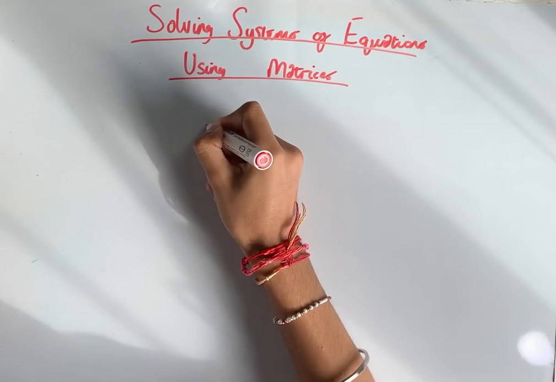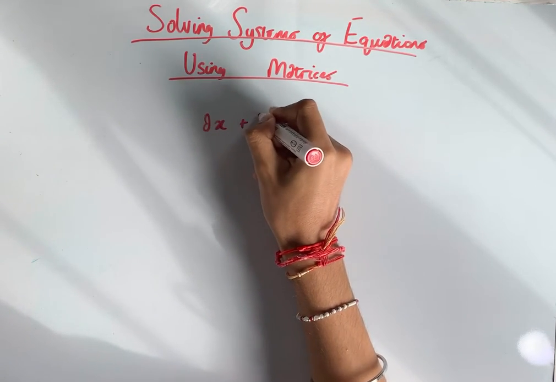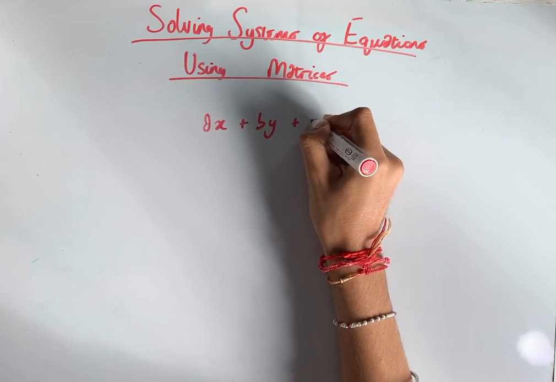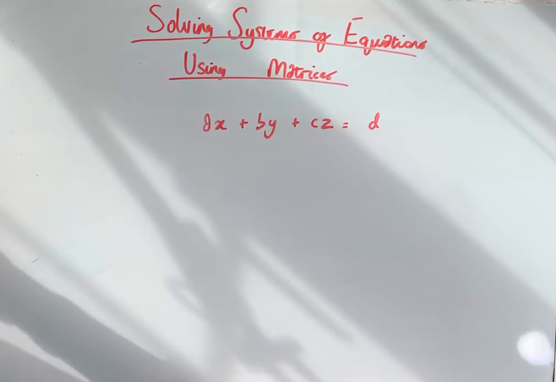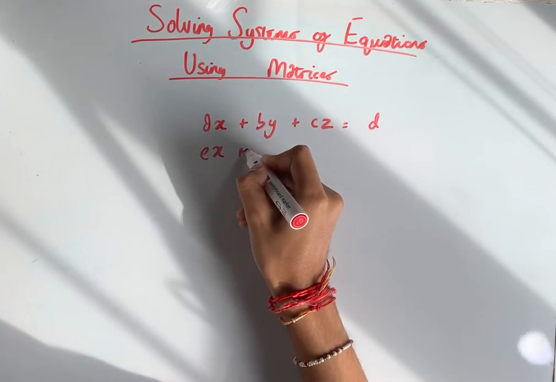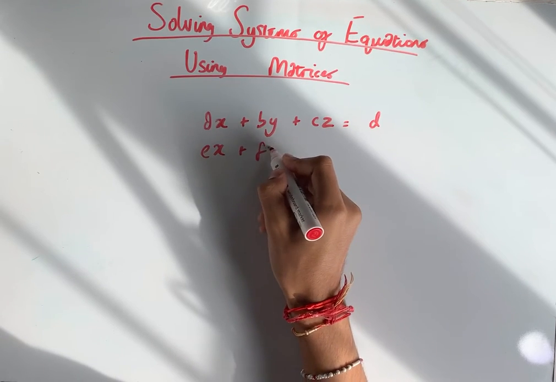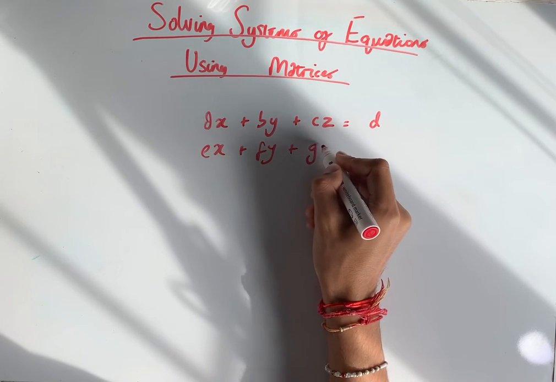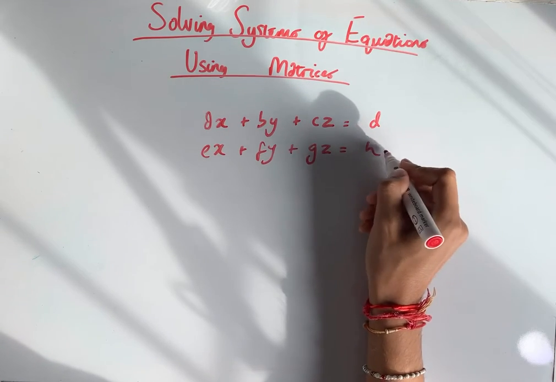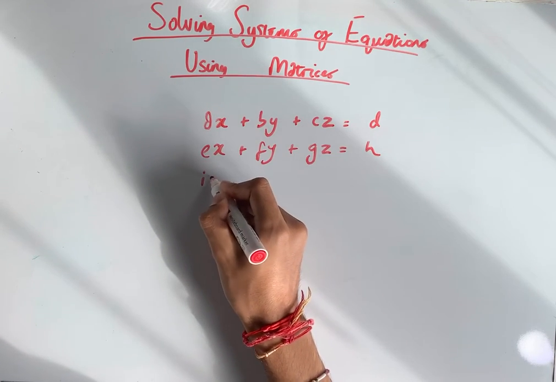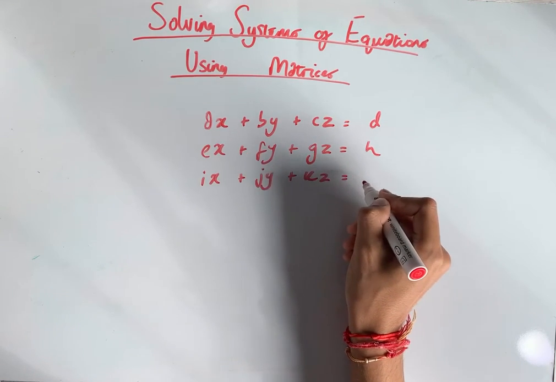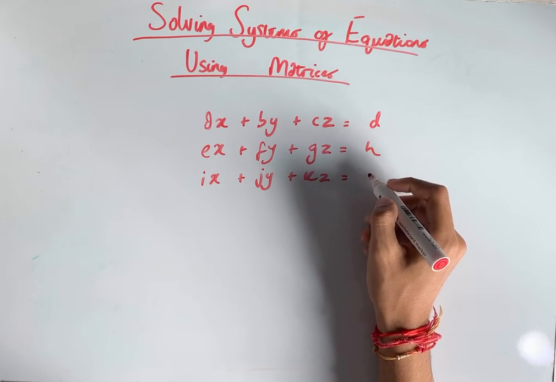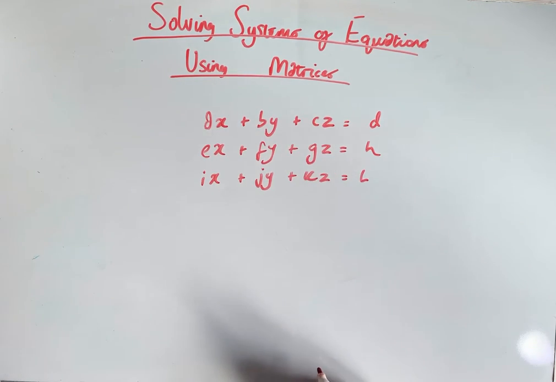Given a system of equations, ax plus by plus cz equals d, ex plus fy plus gz equals h, ix plus jy plus kz equals L. So here we have a 3-equation, 3-variable system.